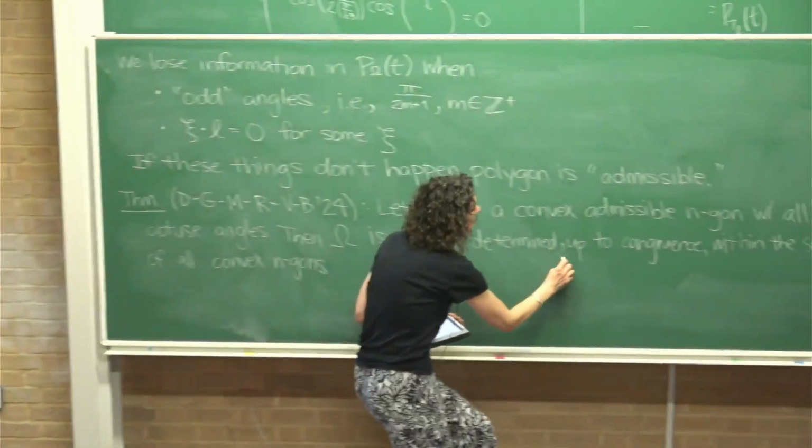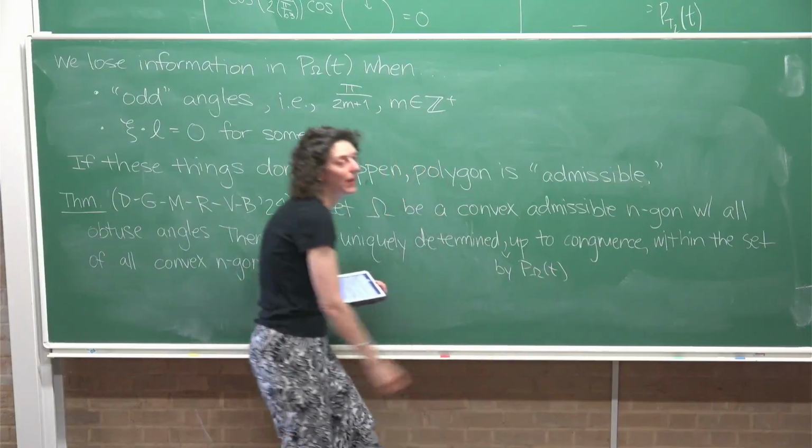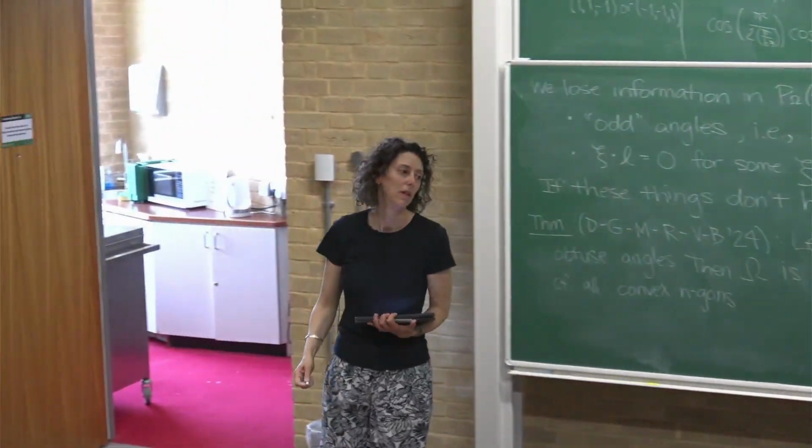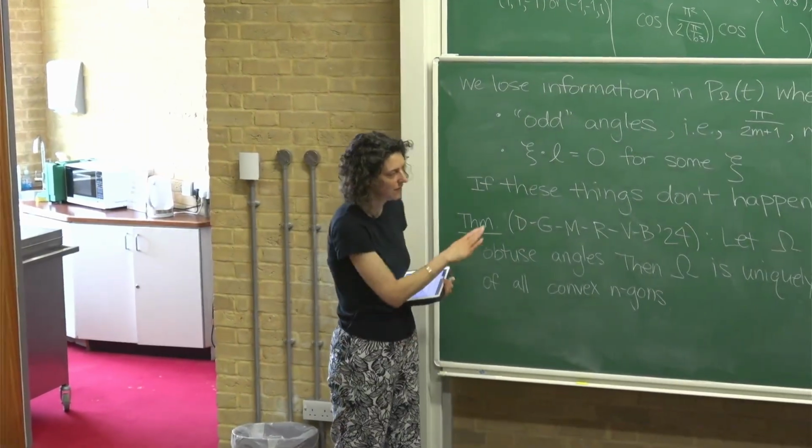And I should say uniquely determined by this characteristic polynomial. Okay, so if you know you have all obtuse angles, nice things happen.